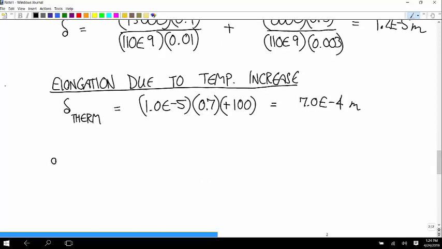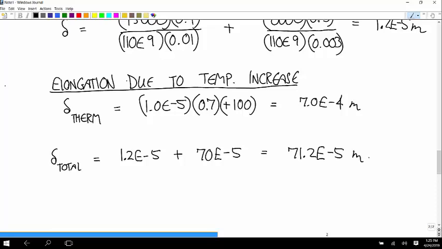And so the total elongation is 1.2 times 10 to the minus 5 plus, I'll write this as 70 times 10 to the minus 5. And so you get 71.2 times 10 to the minus 5 meters.